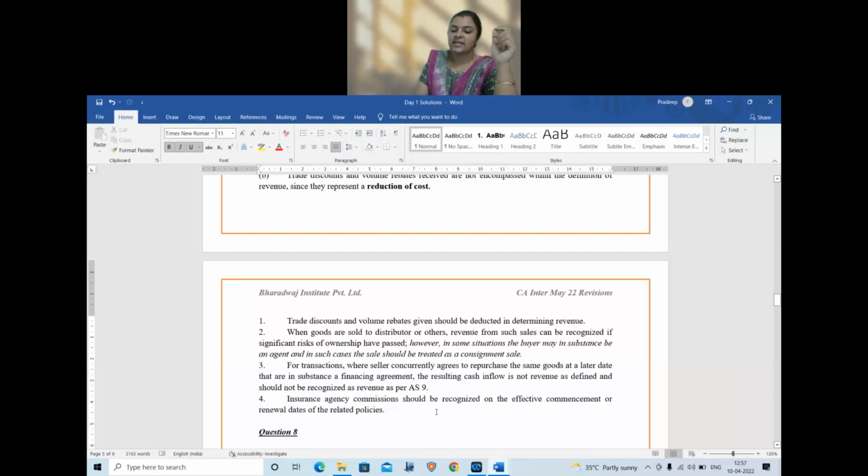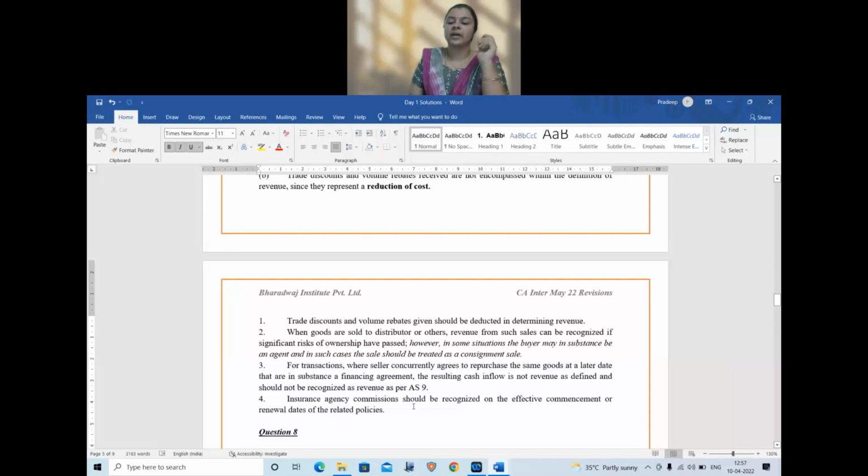So, insurance agency commission should be recognized on the date of commencement or renewal of the policy, which means once you have received the premium or once the policy period has commenced. Okay? Or you can simply also write it as insurance agency commission should be recognized based on completion of insurance policies or completion of sale of insurance policies.